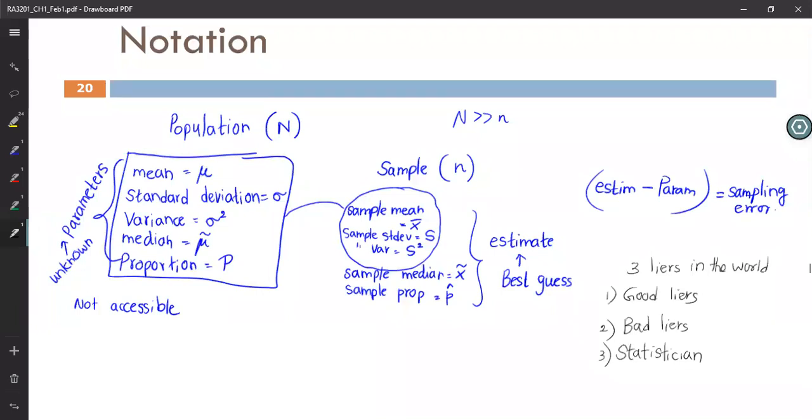The error will be very, very big. If you use this sample to do any predictions or inferences about the future, all of them will be wrong. Can you understand that? If you end up with the wrong sample, everything that you guess, all the predictions that you make, is going to be a huge lie.